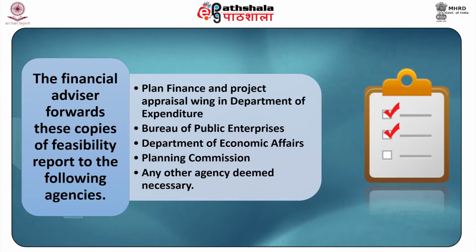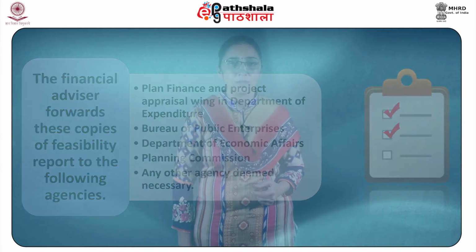The financial advisor forwards these copies of the feasibility report to the following agencies: Plan Finance and Project Appraisal Wing in the Department of Expenditure, Bureau of Public Enterprises, Department of Economic Affairs, Planning Commission, and any other agency deemed necessary.